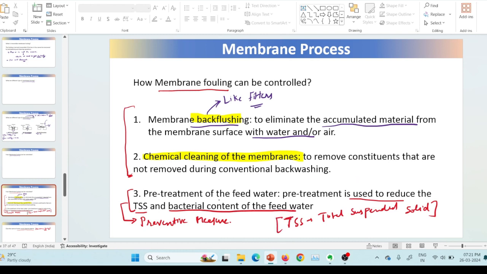If we can reduce the total suspended solid concentration and bacterial content, our fouling can be controlled to some extent, but we cannot assure that it will not happen. So it is a preventive measure.